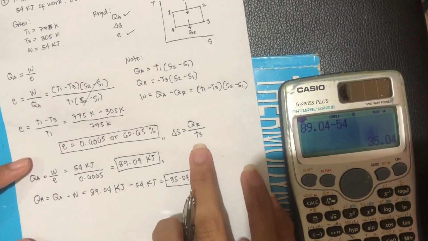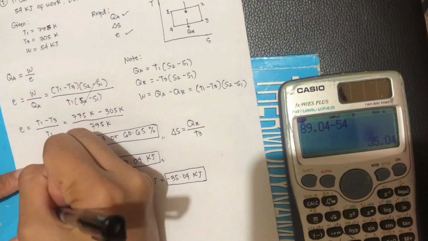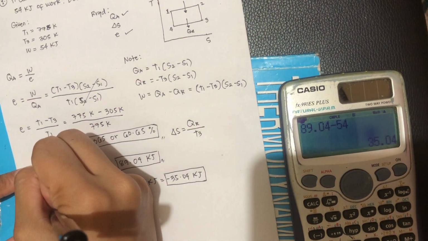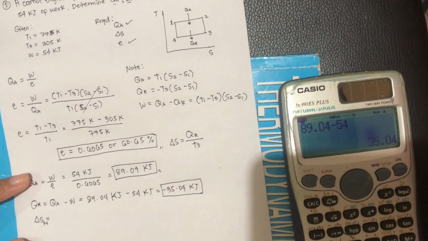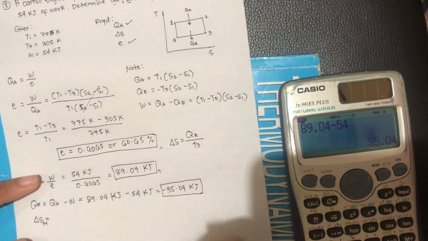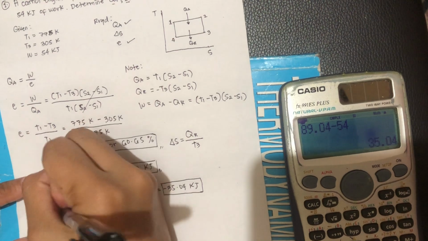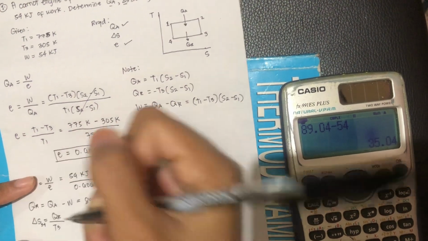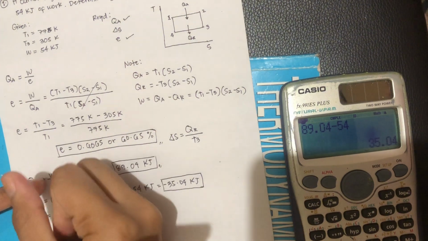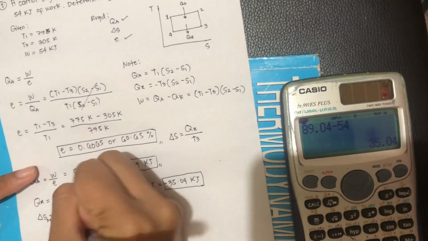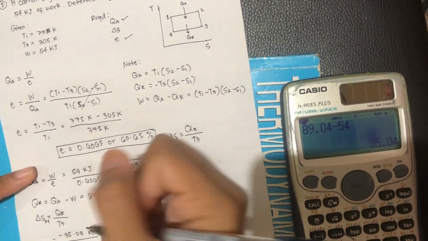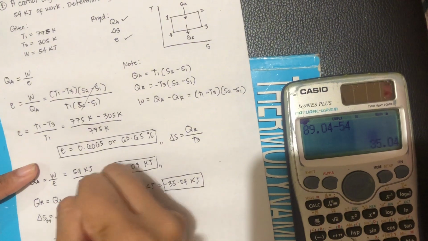Now we can use this formula since we have Q_R. The change in entropy during heat rejection, which is process 3-4, an isothermal process, is equal to Q_R over T3. We substitute: Q_R of negative 35.04 kilojoules over our T3 of 305 Kelvin.